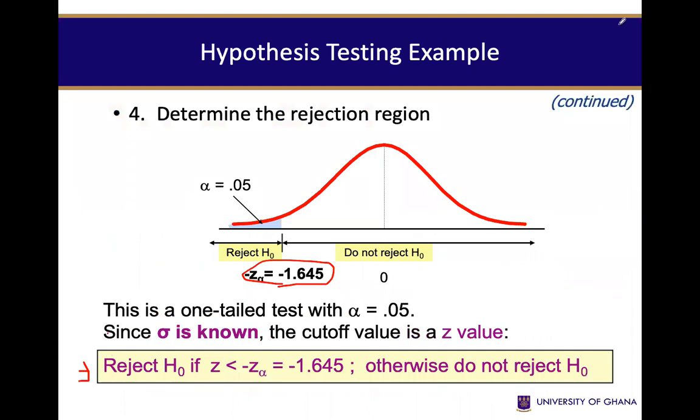Basically, that is how we would look at the hypothesis test procedure. Z is also known as the critical value.